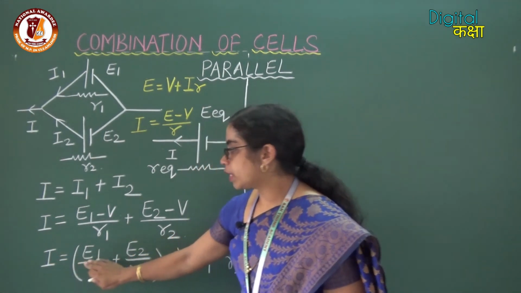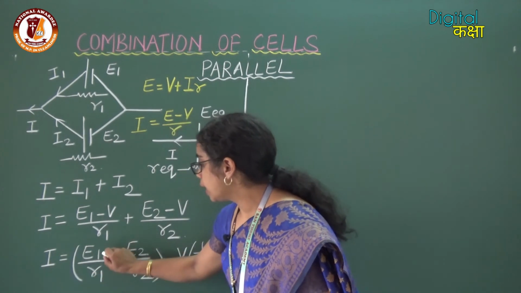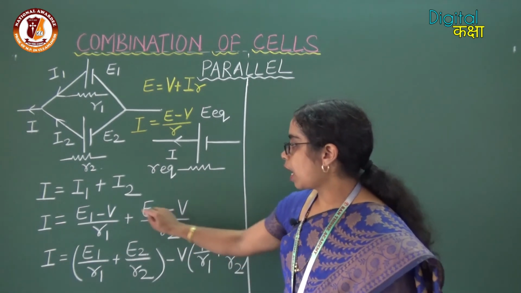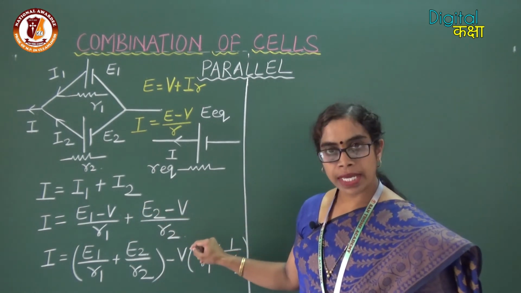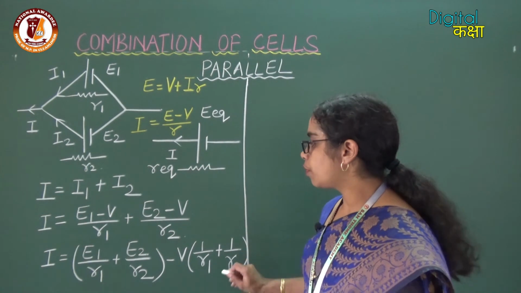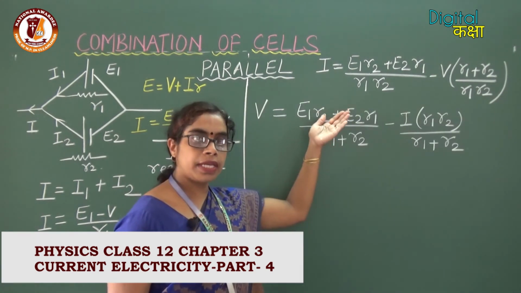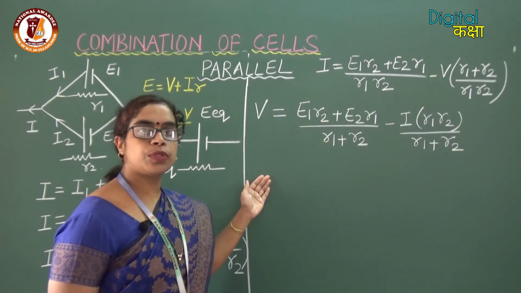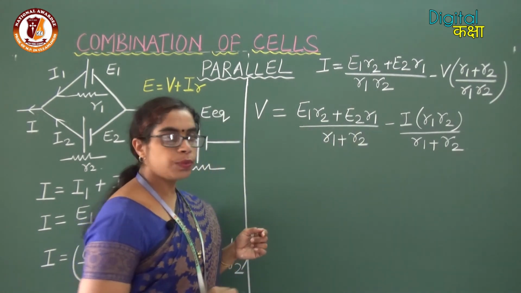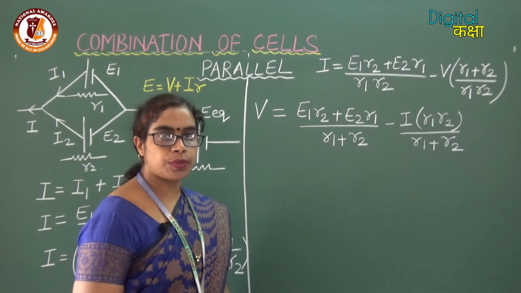So here, after rearranging the terms, I can get the formula for I to be equal to E1 upon R1 plus E2 upon R2 minus V, where I have taken out common from the brackets, and within the bracket it can be written as 1 upon R1 plus 1 upon R2. In the next step, I can get the formula for V to be equal to E1 R2 plus E2 R1 upon R1 plus R2, minus I into R1 R2 upon R1 plus R2.